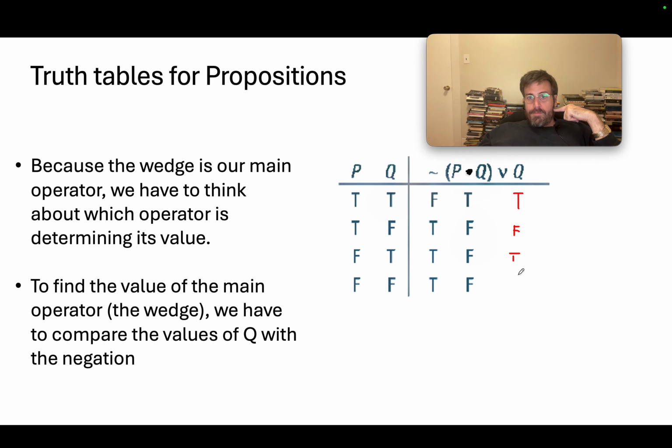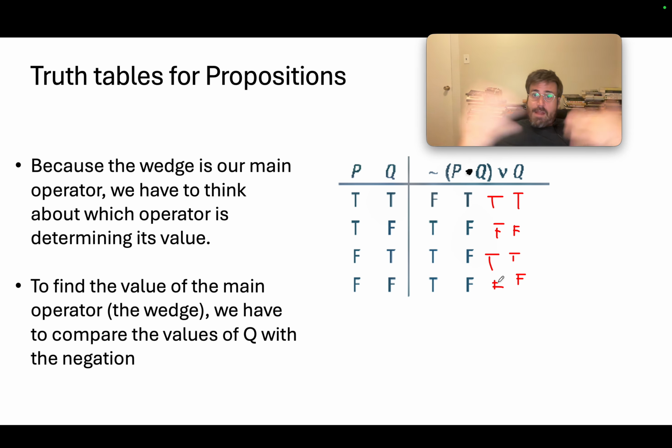If we were to compare the values of dot and Q, we would get a different story, right? Wedge would be true, false, true, and false. That is a very different set of values than what we just discovered.